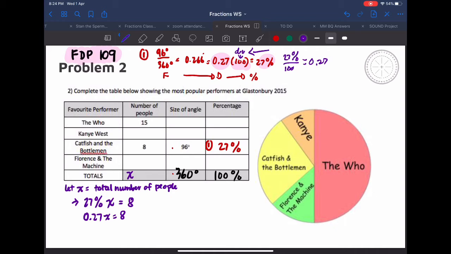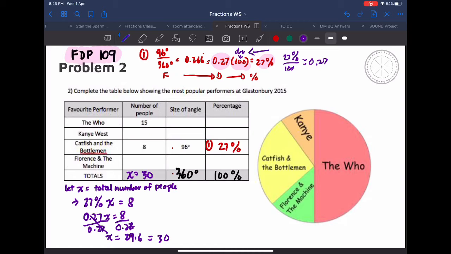The answer is 8 divided by 0.27, which is 29.6. Now you cannot have 29.6 people, so you need to round. The next digit is 6, and we know that 6 is greater than 4. Therefore, this rounds to 30. So x is equal to 30.